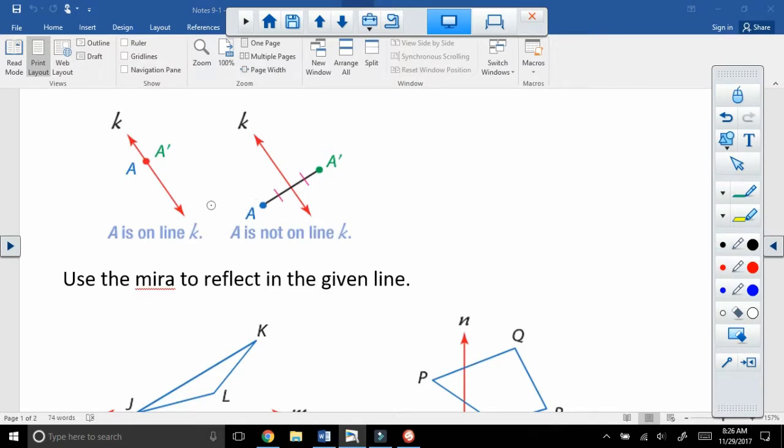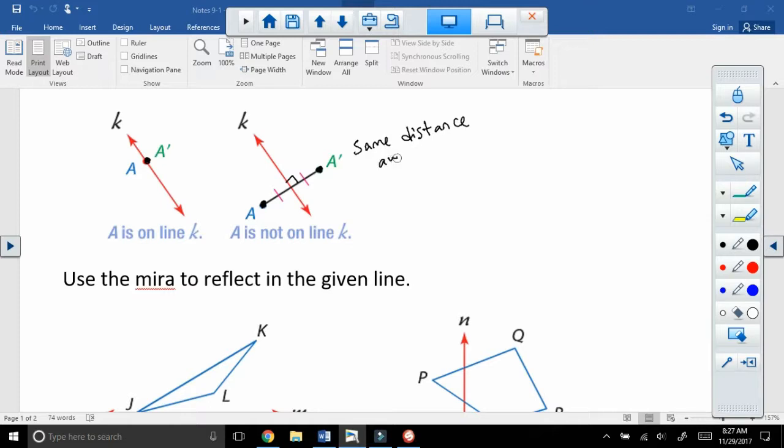So then for these here, this just kind of explains, here is a point that's on that line. You can see that that point doesn't move when it's reflected. And then this one here, this would be the image. When you reflect that in the line, it moves over here. And that second thing is just saying that that's going to be the perpendicular bisector, meaning they're the same distance away from the line. You might want to add this in.